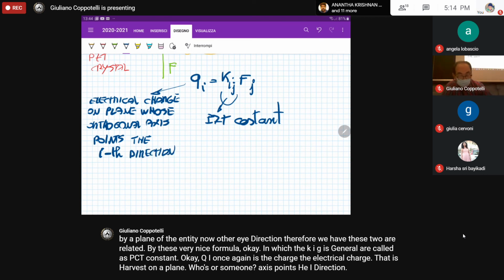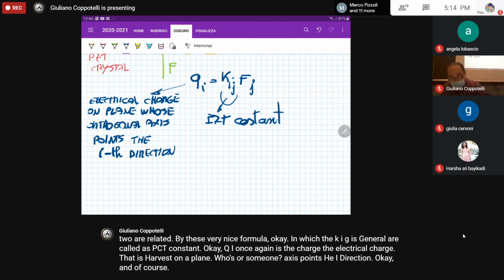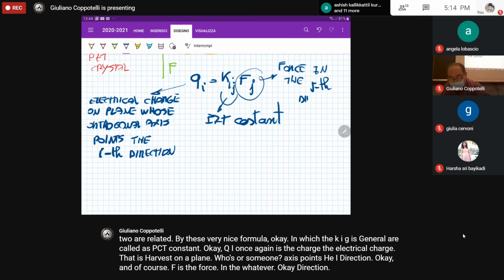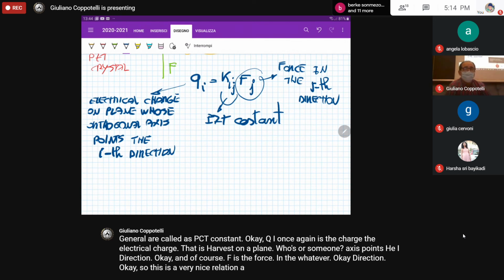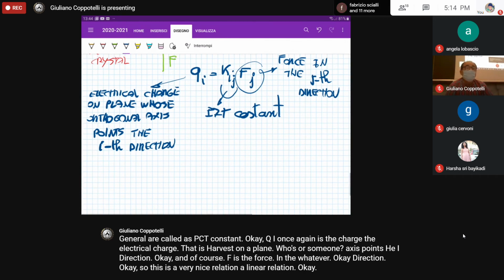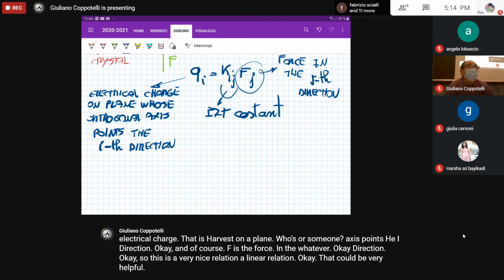And of course, F is the force in whatever j direction. So this is a very nice relation, a linear relation, that could be very helpful when designing such a kind of transducer.